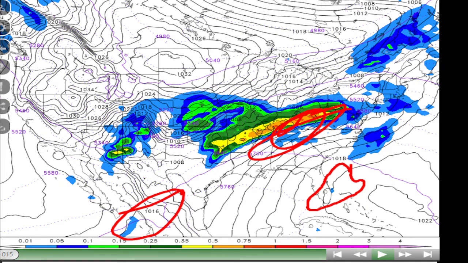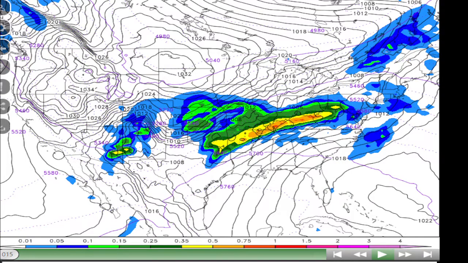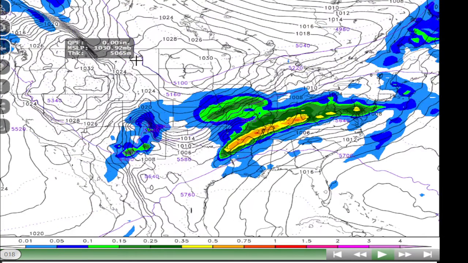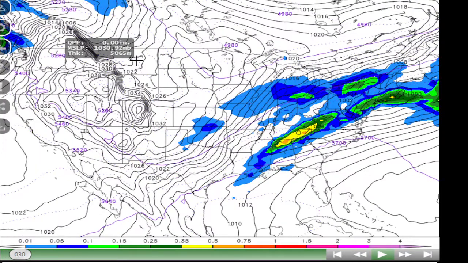Clear this out. Right there. So right through there. So then it looks like this kind of forms a cold front, and then pushes to the east. And then that's some troughing right through there.